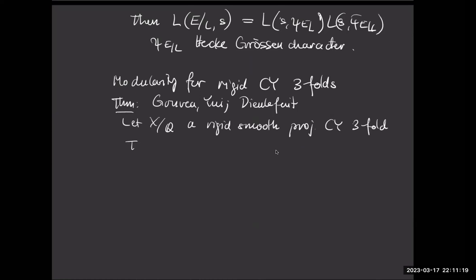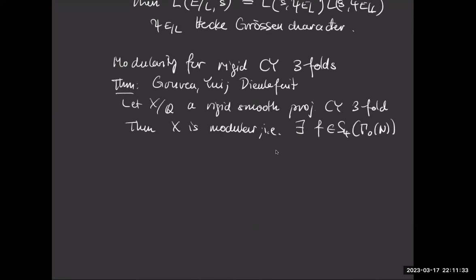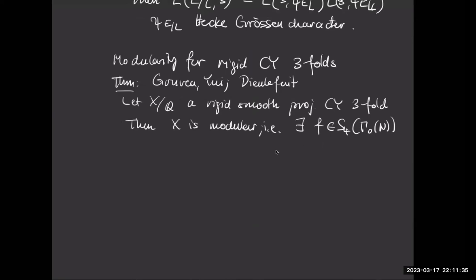Then X is modular in the sense that we have the following. There exists a modular form of weight 4 for gamma 0 N. Let me write this differently.